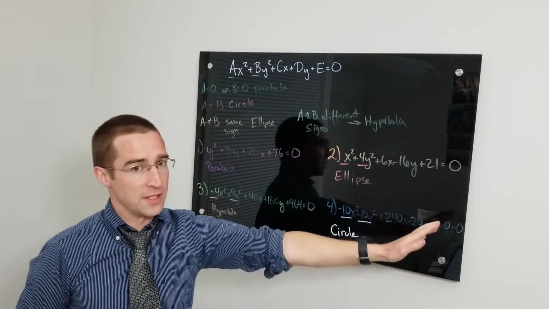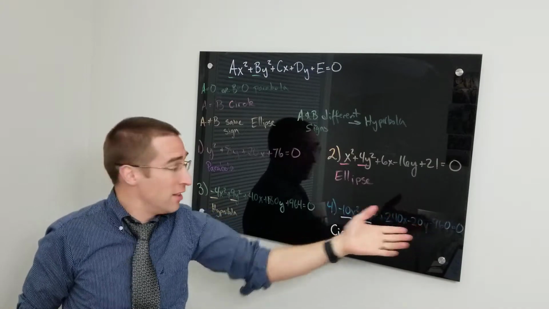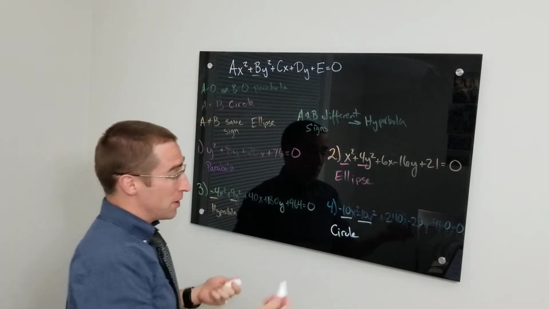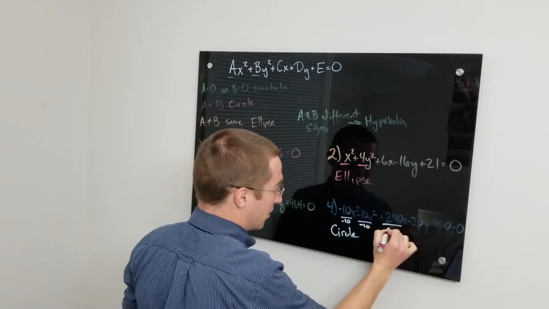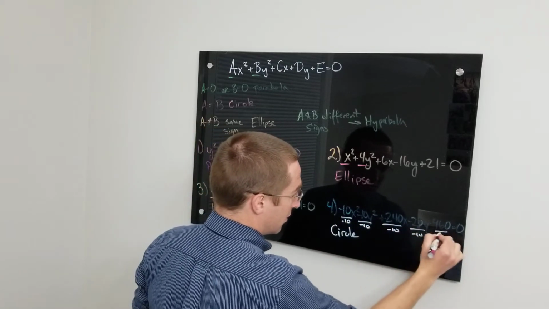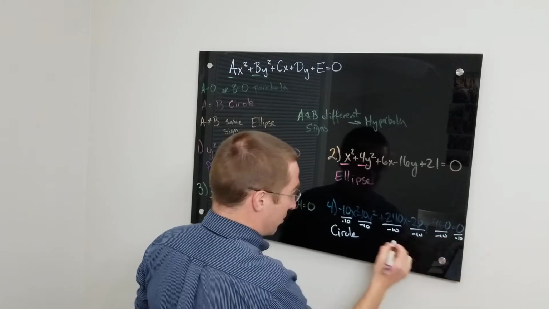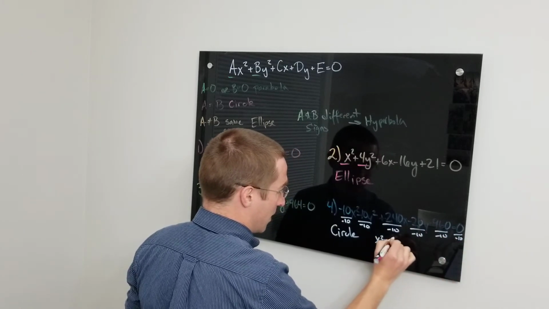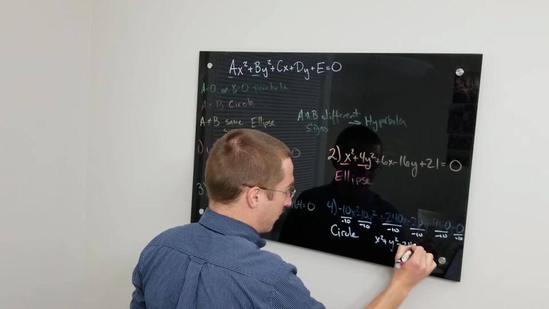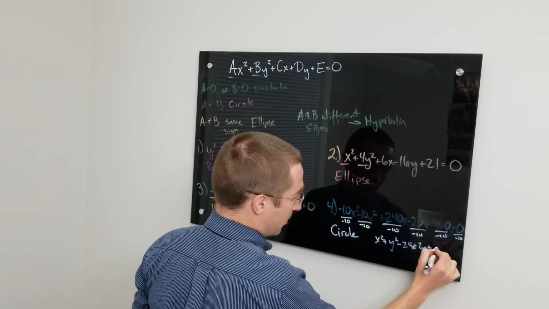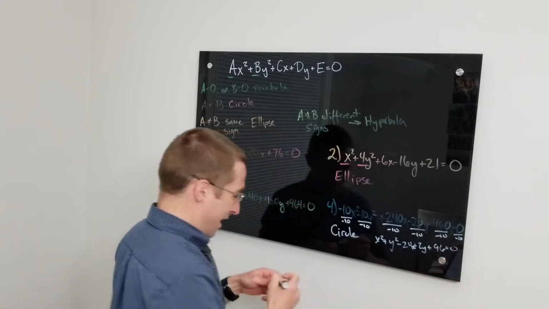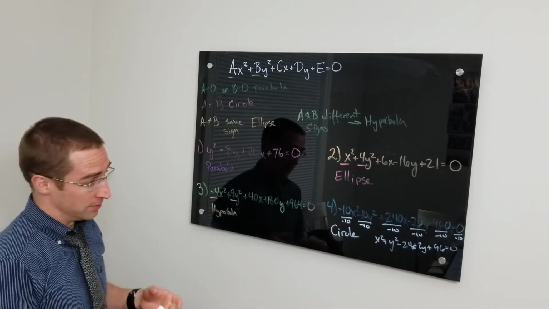All of those are divisible by 10 or by negative 10. Your first step with this problem could be to divide everything by negative 10. Rewrite it as x squared plus y squared minus 24x plus 2y plus 96 equals 0. And then it's really, really apparent that that's a circle.